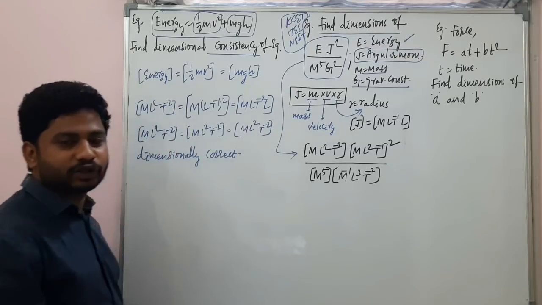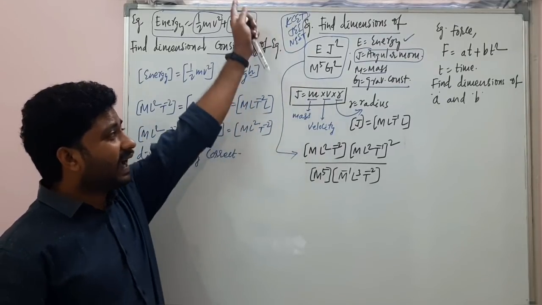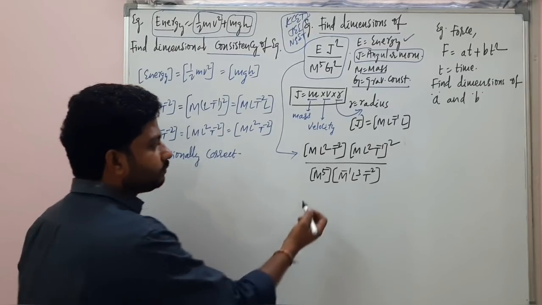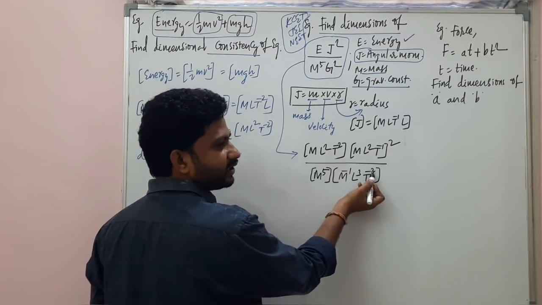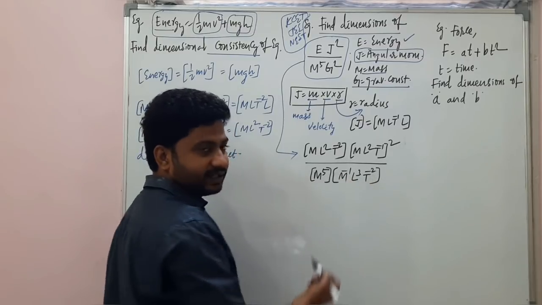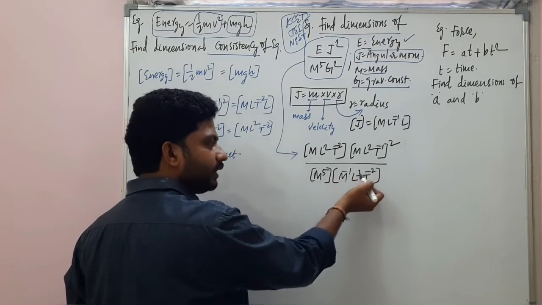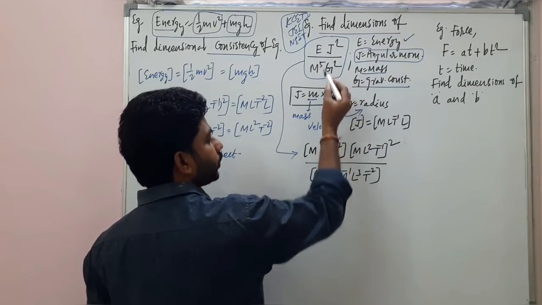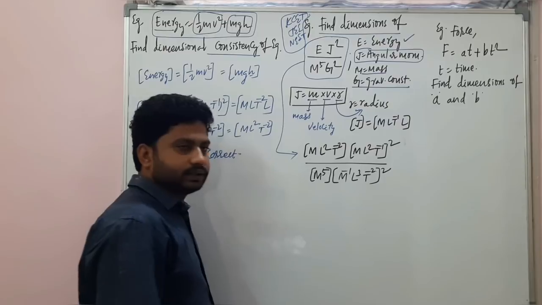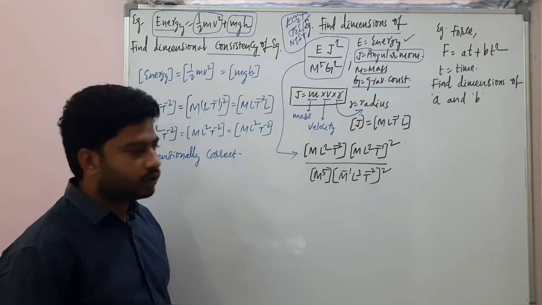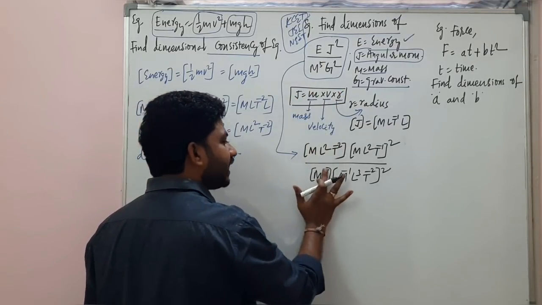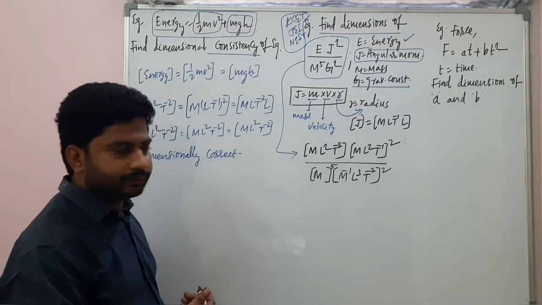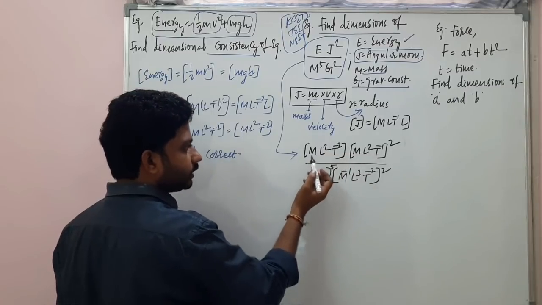The dimensions of G are M minus 1, L cubed, T minus 2. I can remember this because I have discussed G so many times; you also remember. M minus 1, T minus 2, L raised to 3: minus 1, minus 2, plus 3. Remember it like this. That is also whole square, don't miss it. And this M, the whole raised to 5. Write it once again.